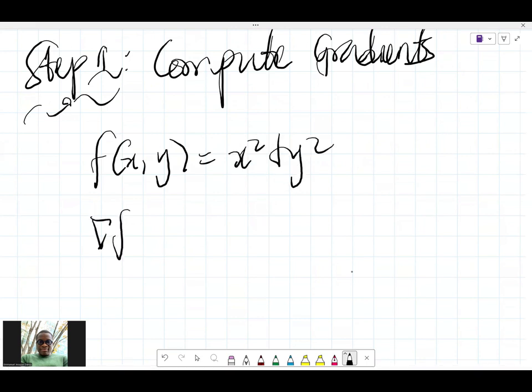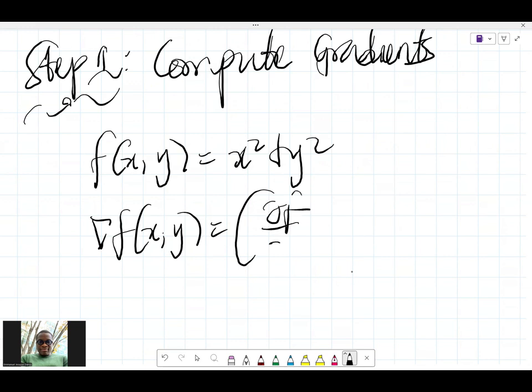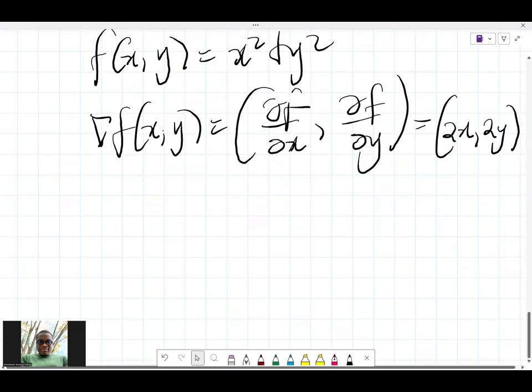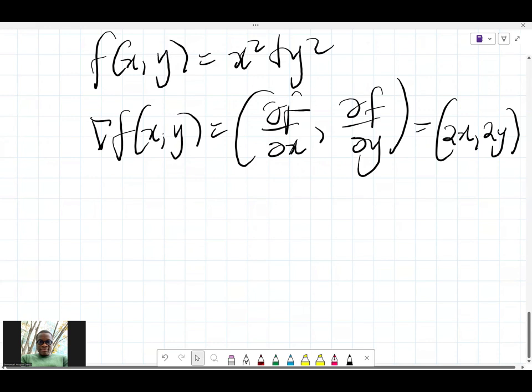So the gradient of f is partial f partial x comma partial f partial y. Differentiating with respect to x, you get 2x, and with respect to y, you get 2y.